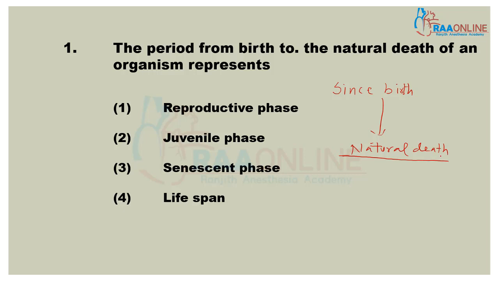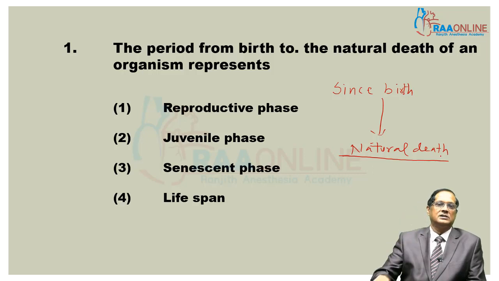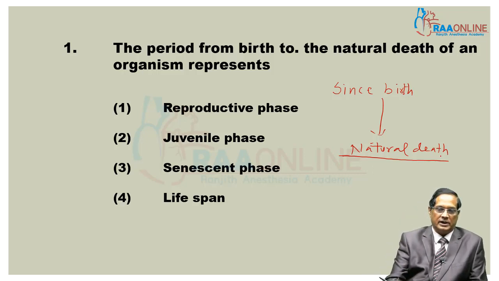It varies from organism to organism, species to species, and it is not decided by one particular organism. That is, the entire population is taken, their birth and death times are noted, then averaging is done, and that average indicates the lifespan of the organism.